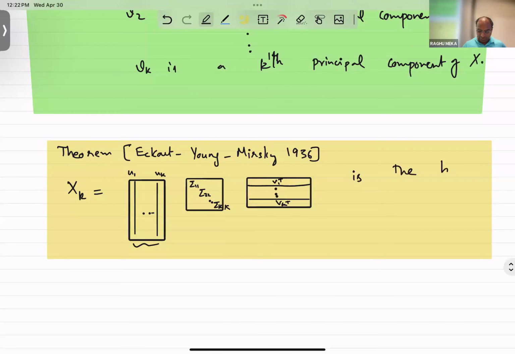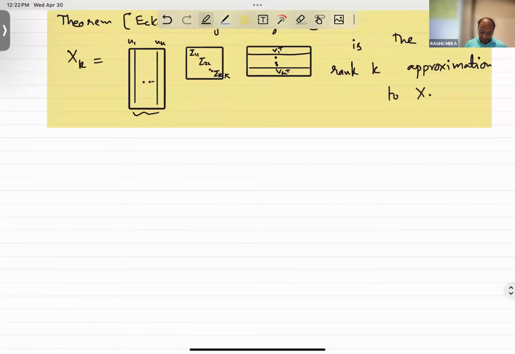This is the best rank K approximation to X. Okay. So SVD solves both problems, and in fact, this also shows that principal components are fundamentally connected to low rank approximation. Okay. So one bullet solves both of them. SVD solves PCA and low rank approximation.